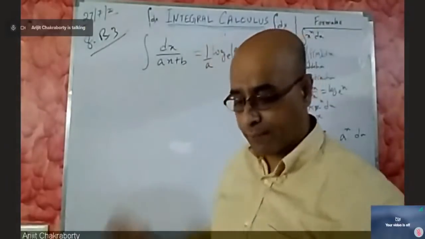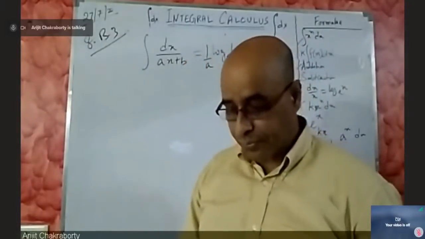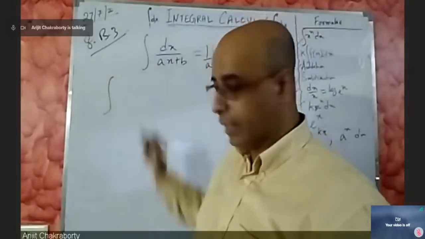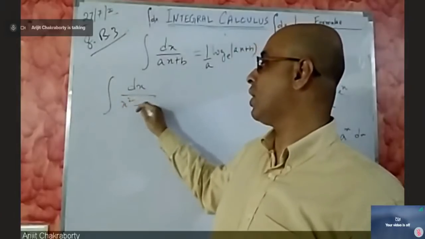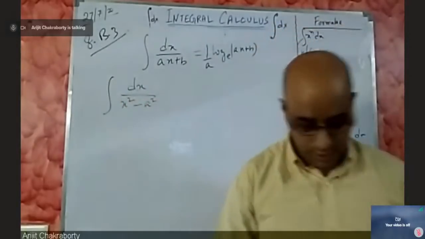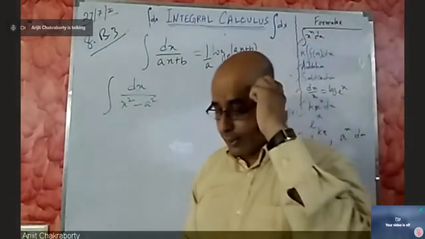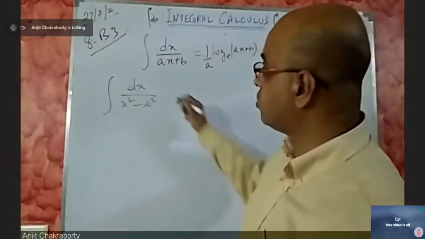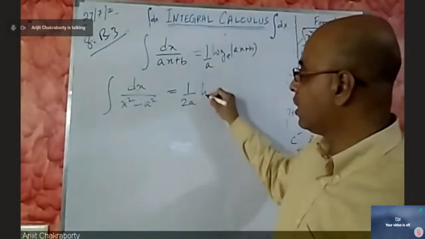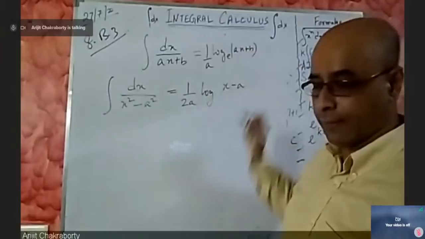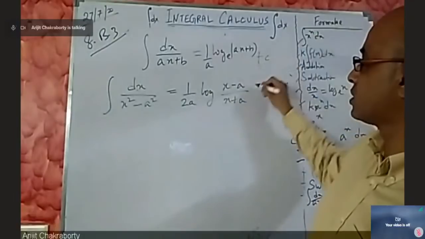It's a standard formula. The next standard formula which we need to note is dx divided by x square minus a square. Please note that this will be equal to 1 by 2a log of x minus a divided by x plus a, plus constant c.